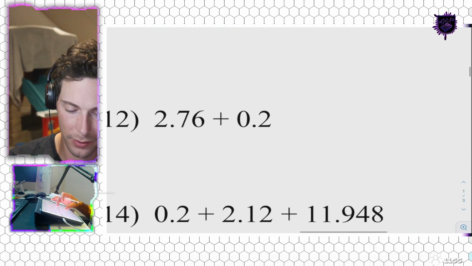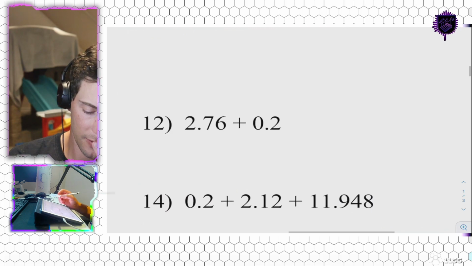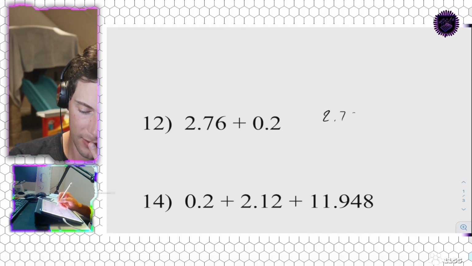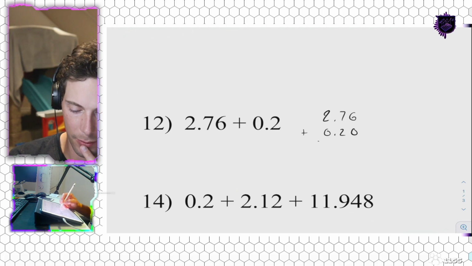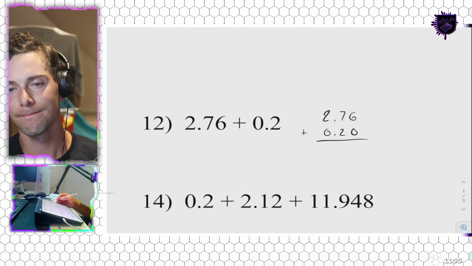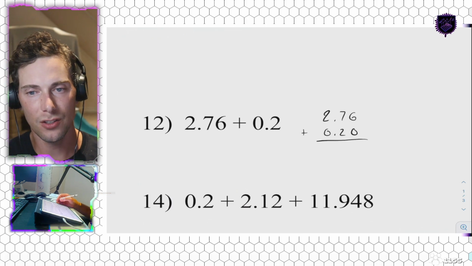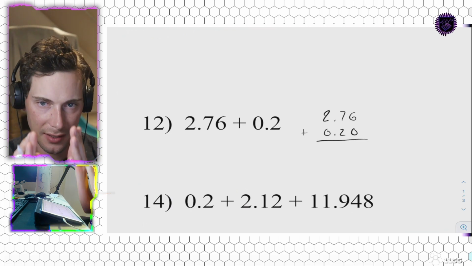Let's go to question 12. And oh, this is, again, you guys and girls are going to fly through this. 2.76 plus 0.2, and we're going to add a 0 just to hold that place value. It's just making everything lined up nicely.